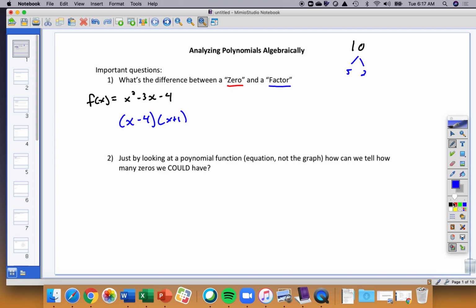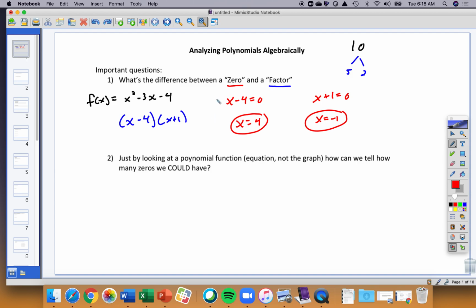The zeros are when you take each factor and set them equal to 0. This is how you find x-intercepts, and that's why they say zeros are the same as x-intercepts. So x equals 4 is a zero, and x equals -1 is a zero, while x minus 4 and x plus 1 are factors. Factors help you find zeros, but it's just a step in the process. So they're a little bit different.